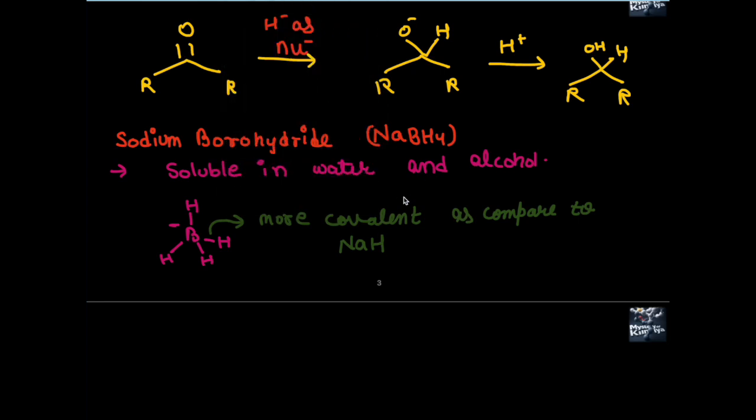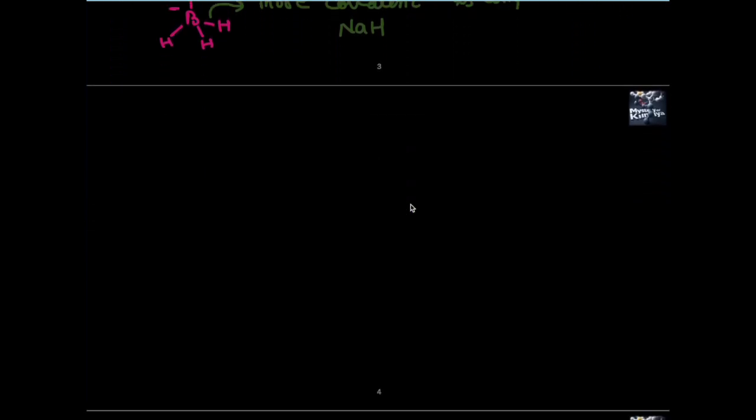But sometimes students make a mistake. Let's suppose we have BH4 negative with a negative charge here, and we have an electrophile.